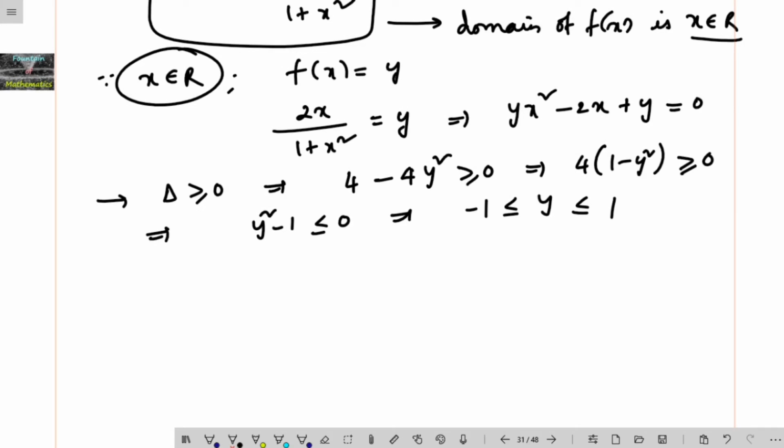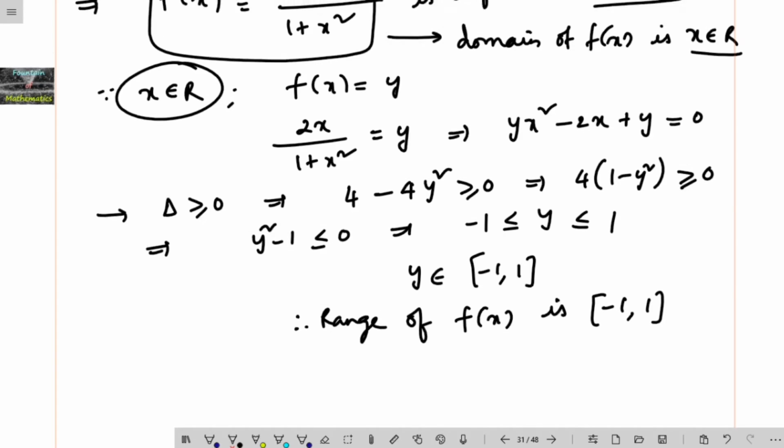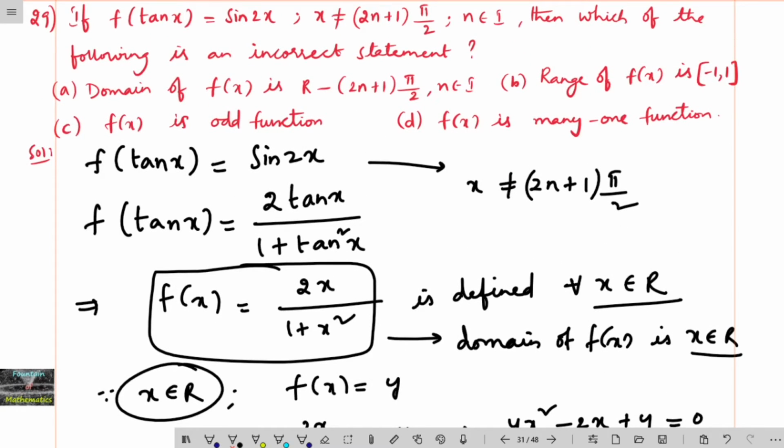So y belongs to minus 1 to 1. Therefore the range of f of x is minus 1 to 1. Among these options, the range of f of x being minus 1 to 1 is correct.